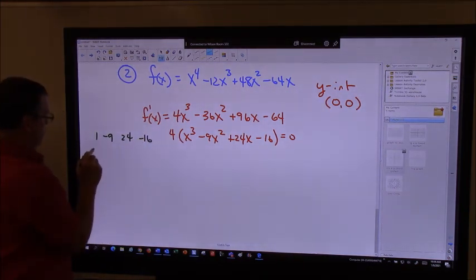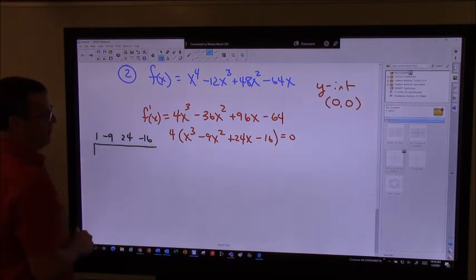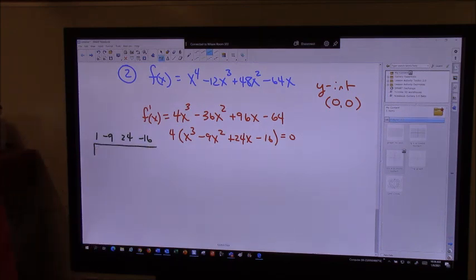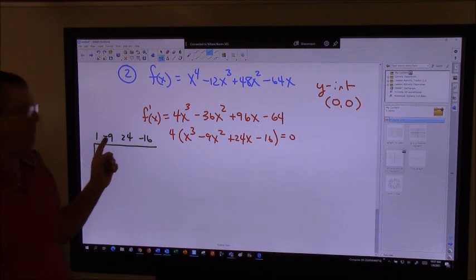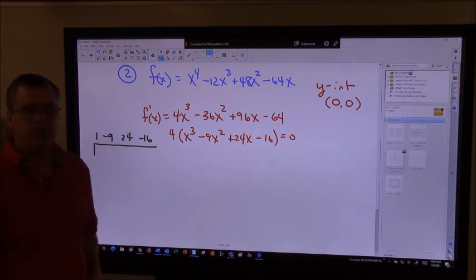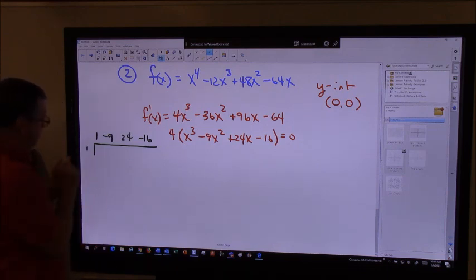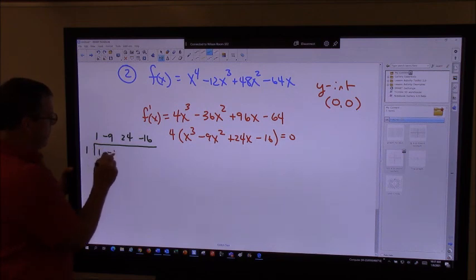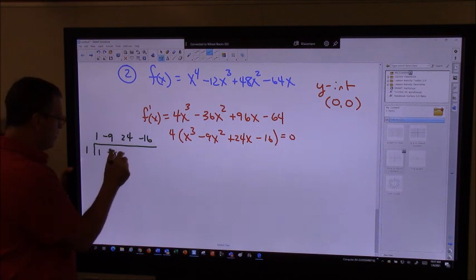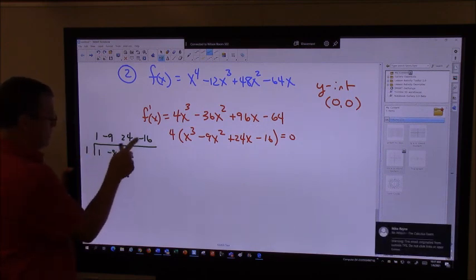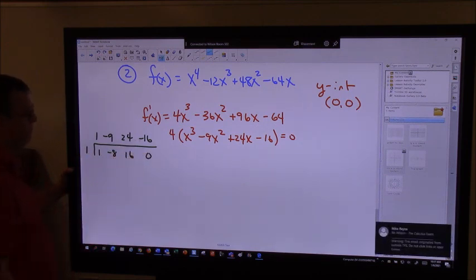We said last year that if these numbers all add up to 0, that means 1 works. So I'll bring a 1 down, multiply, you get 1, add it to this, you get negative 8. Multiply, get negative 8, add it to this, you would get 16. And then 16 minus 16, that's 0.